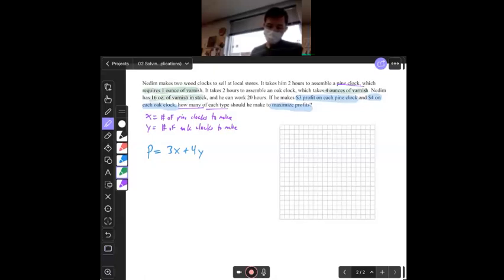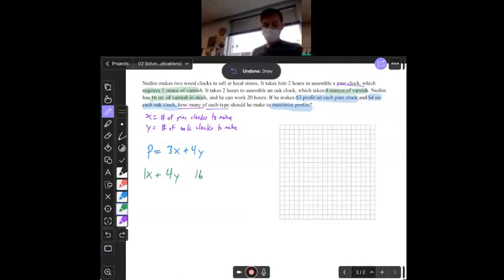Okay. So if pine requires 1 ounce, how would I write that? 1x or just x, okay? So the amount used on the pine plus the amount used on the oak, 4y. That can be 16, but is that greater than or equal to?